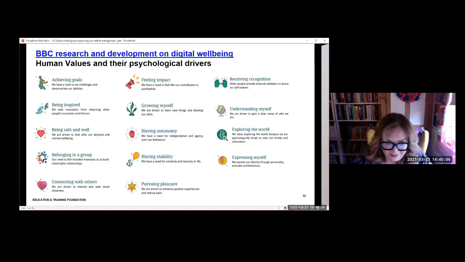So this gateway to understanding needs and motivations is to understand core values. The BBC Research Project defines these values as personal judgments about things we consider to be important, an expression of our needs and psychological drivers that shape everyday behaviour.